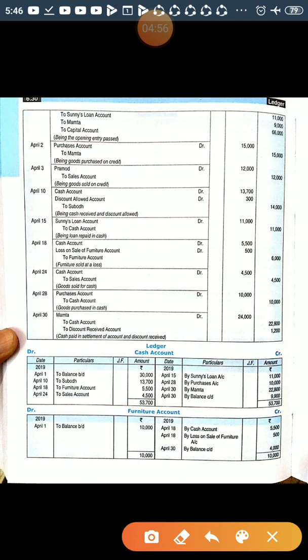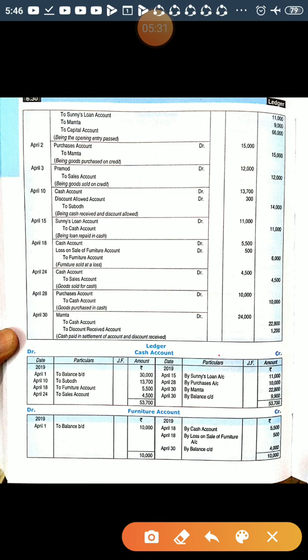One more thing I would like to discuss: we balance, on a monthly or weekly basis, only assets and liabilities. Assets, liabilities, and capital balances will be balanced. All the nominal accounts are not balanced. Their balances are transferred at the end of the year to the trading account or profit and loss account.